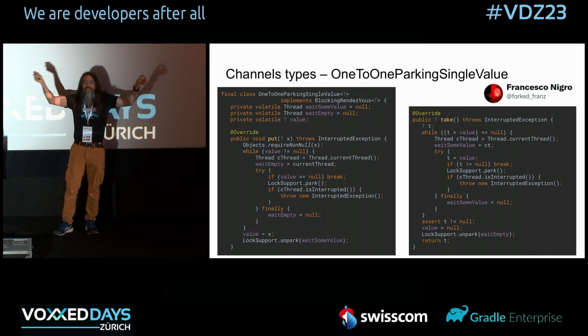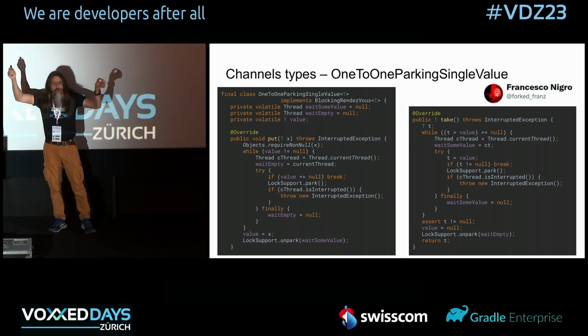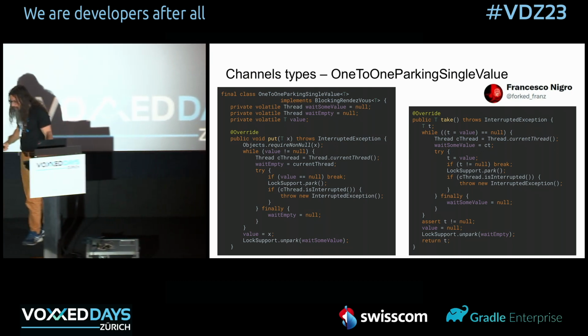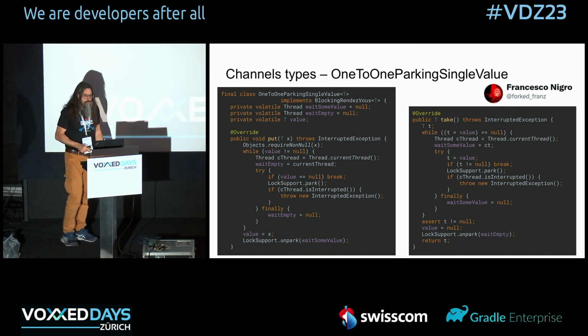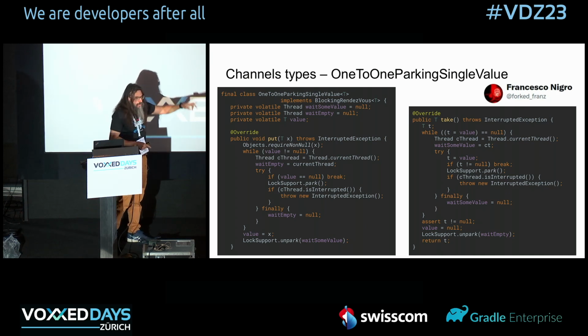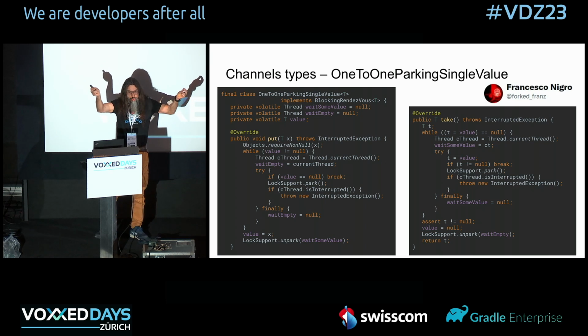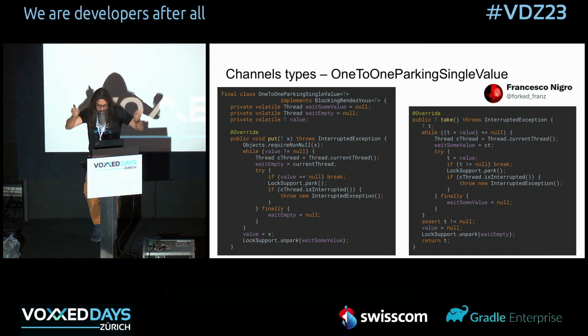So when I create a channel, I create a monodirectional channel between 2 threads. There is one thread only always writing, the same thread always writing one value at a time, the same thread always reading that value. And leveraging this further constraint, he created this data structure that coordinates specifically those 2 threads, not 2 random threads, but those 2 threads.